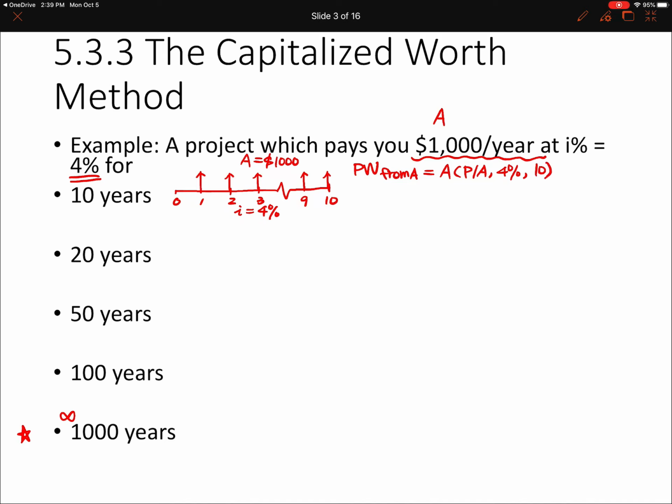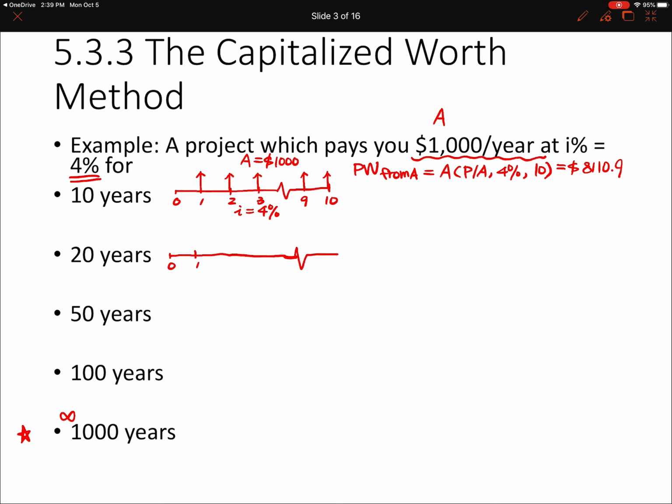It is to find P given A. So the equation is going to be A times P/A, 4%, n, and now n is 10. And if you calculate this, you're going to get the value of 8,110.9. That is the present worth of these annuities occurring at the end of every year for 10 years.